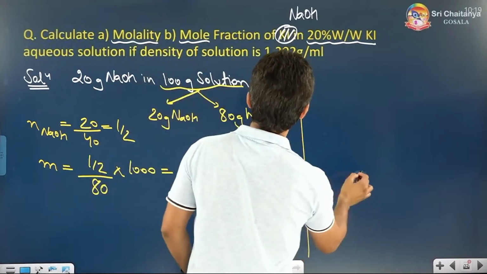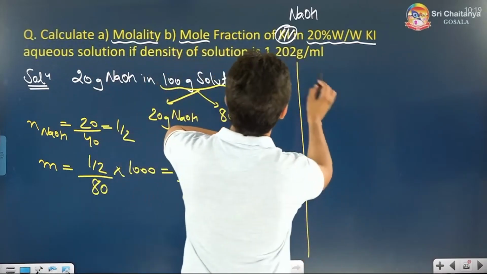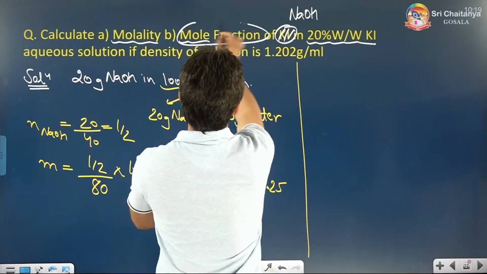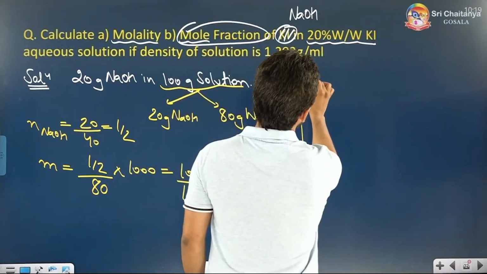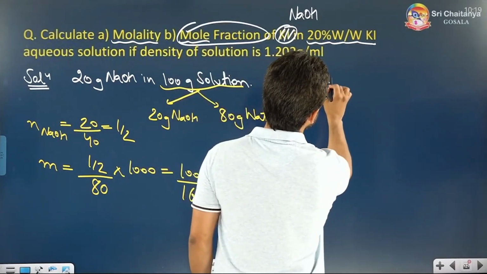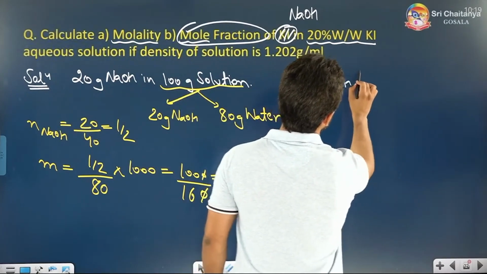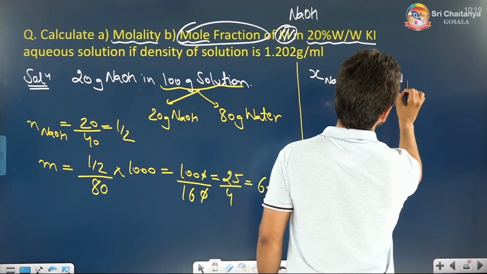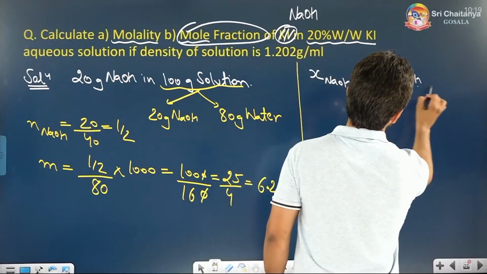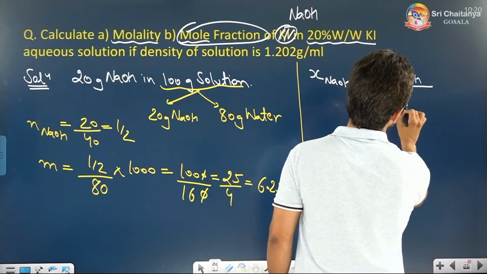Now the next part, what are they asking? Mole fraction also. Can you find the mole fraction of NaOH? What is that? Moles of NaOH divided by total moles, right?